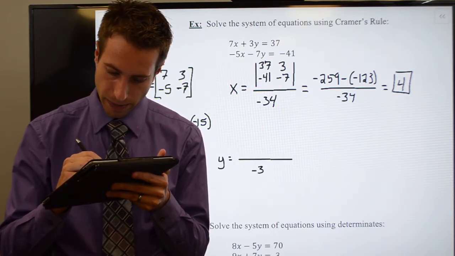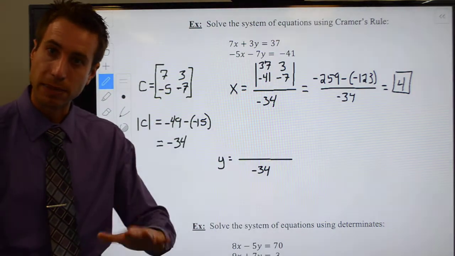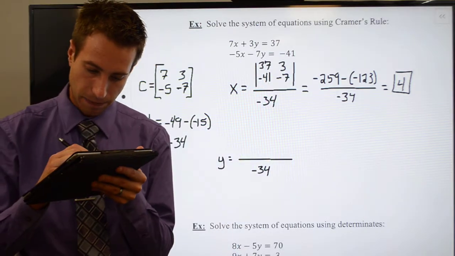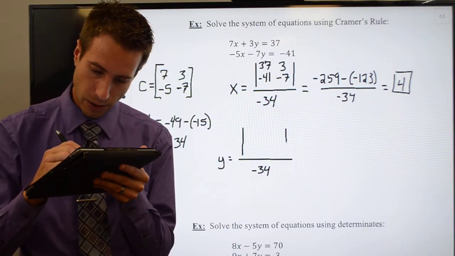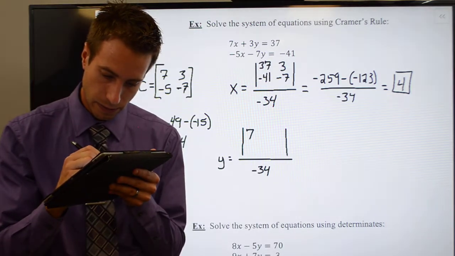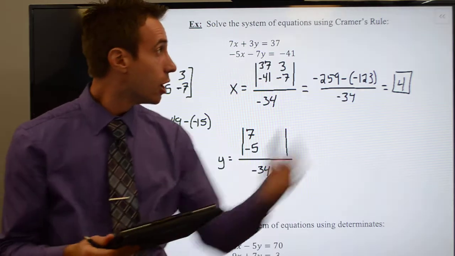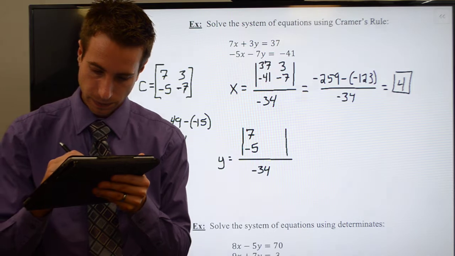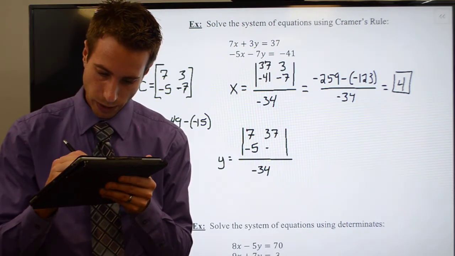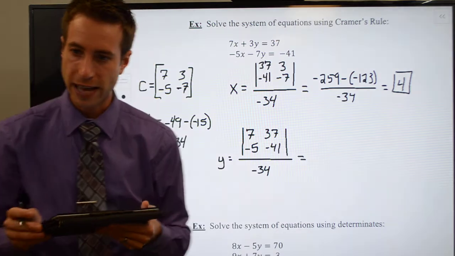Let's do the y. -34 goes on the bottom because that is the determinant of my coefficient matrix. That's always going to be my denominator. Let's replace the y values this time. So I'm going to keep the x values, the 7 and the -5. But now replace the y values with my constants, 37 and -41. Find the determinant of that 2 by 2 matrix.